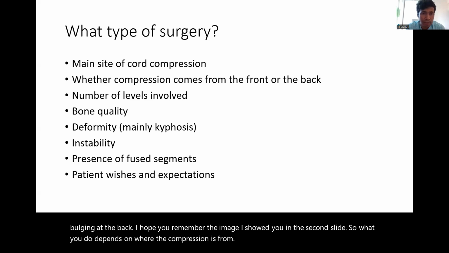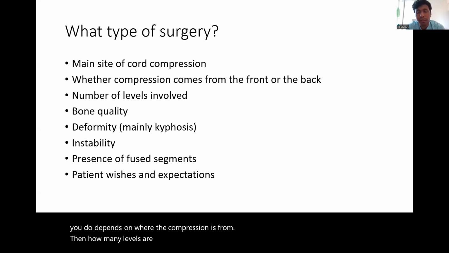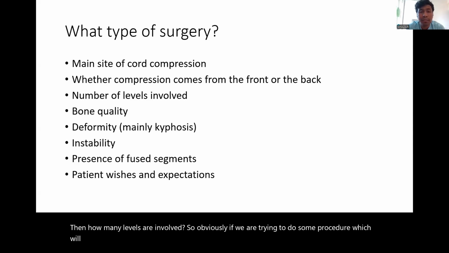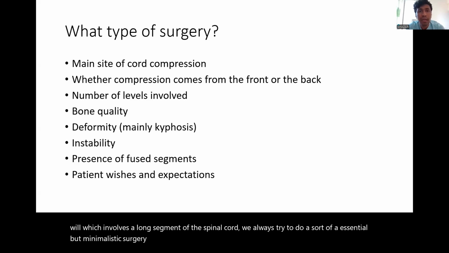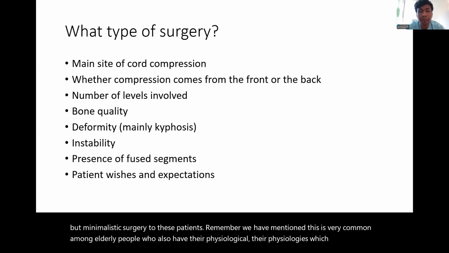Then, how many levels are involved? Obviously, if you are trying to do a procedure which involves a long segment of the spinal cord, we always try to do an essential but minimalistic surgery on these patients. Remember, we have mentioned this is very common among elderly people, whose physiologies are diminished.